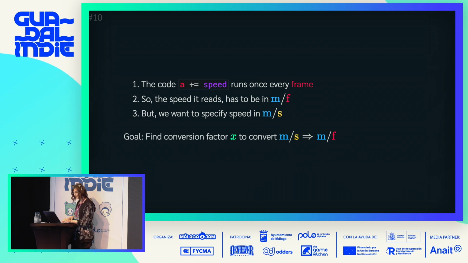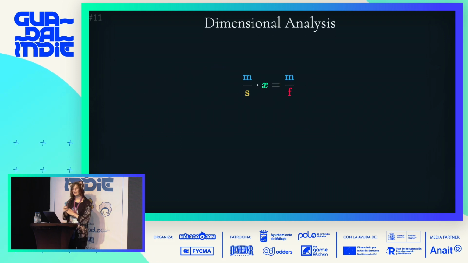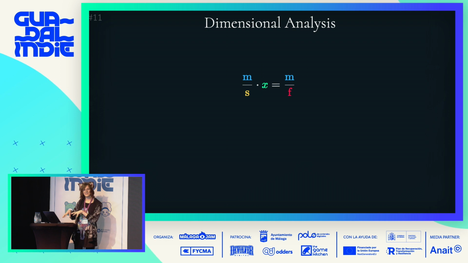So our goal now is going to be to find a conversion factor, x, to convert meters per second into meters per frame. There's a fun little trick we can do with something called dimensional analysis. I only recently learned about this, so I hope there's no actual mathematician in the audience.